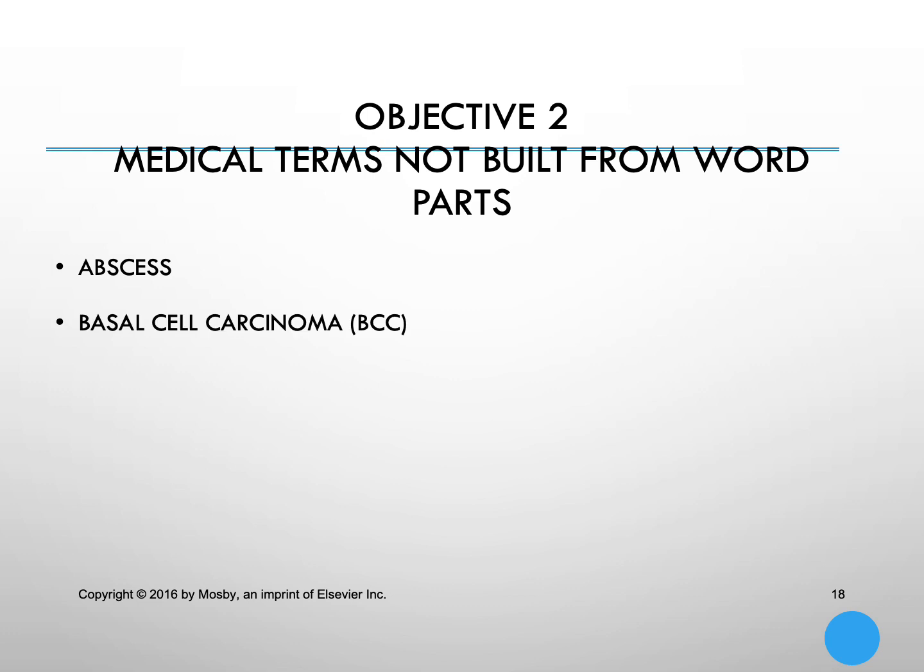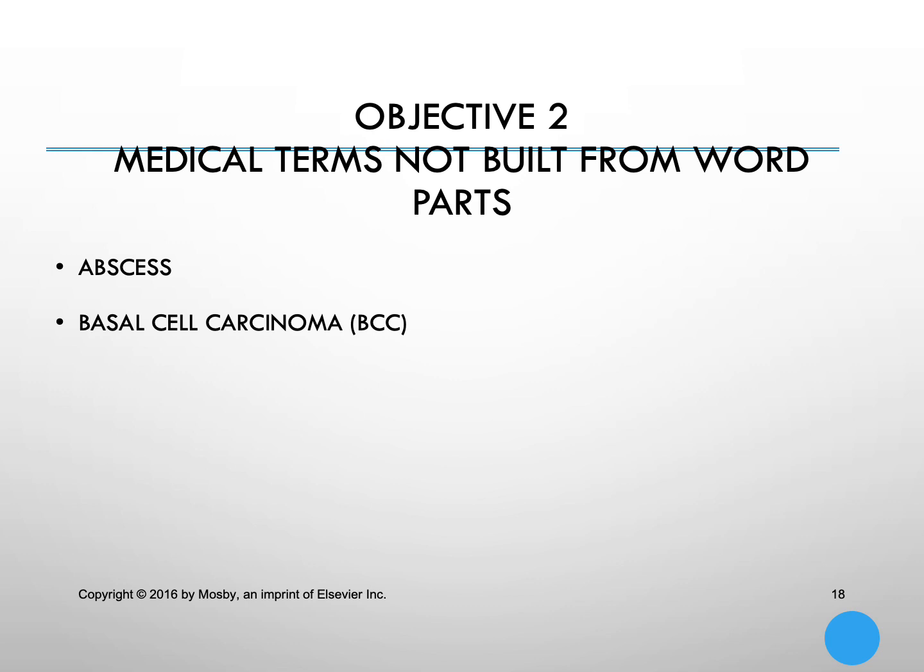Basal cell carcinoma, abbreviated BCC, is a malignant tumor of the skin, the epithelium, and it arises from the bottom layer of the epidermis. It gets its name because that bottom layer of the epidermis, that outermost layer of the skin that we can touch and see and feel, is called the basal layer.